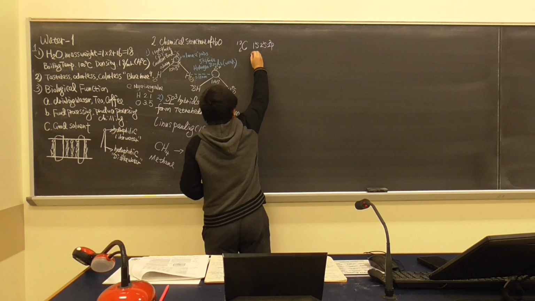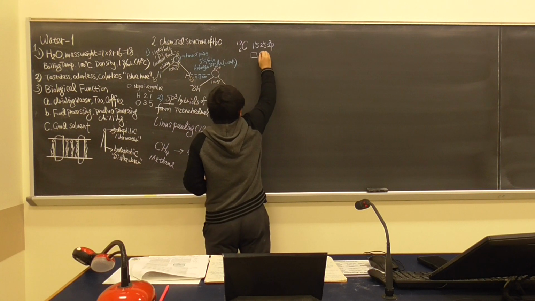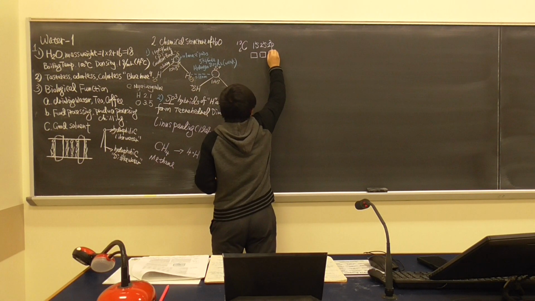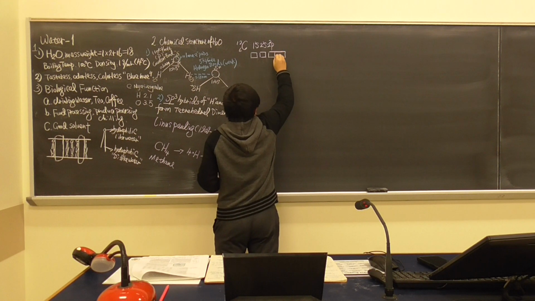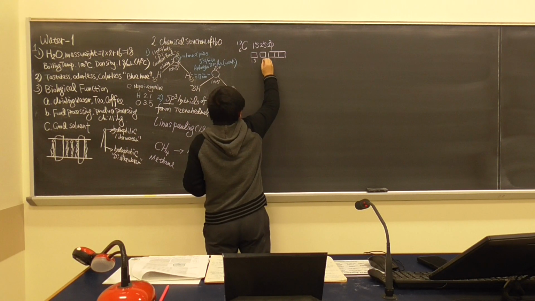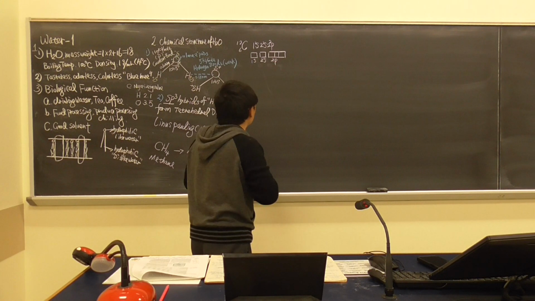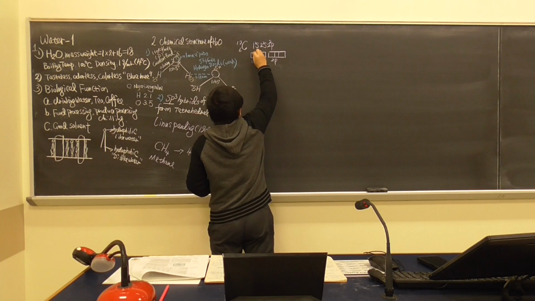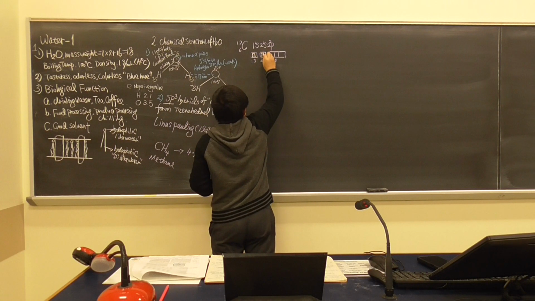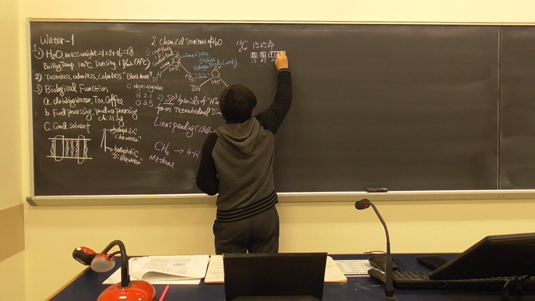So what does it look like? We draw it, the second one and the third one. So it becomes 1s, 2s, and 2p. Based on the Pauli exclusion principle, up, down, and this is Hund's rule, up and up.